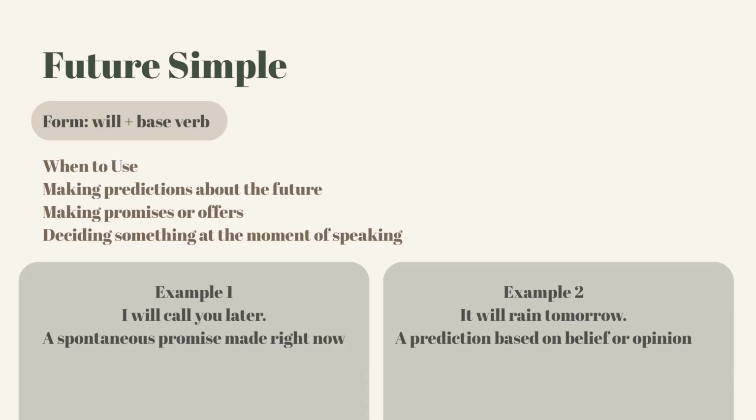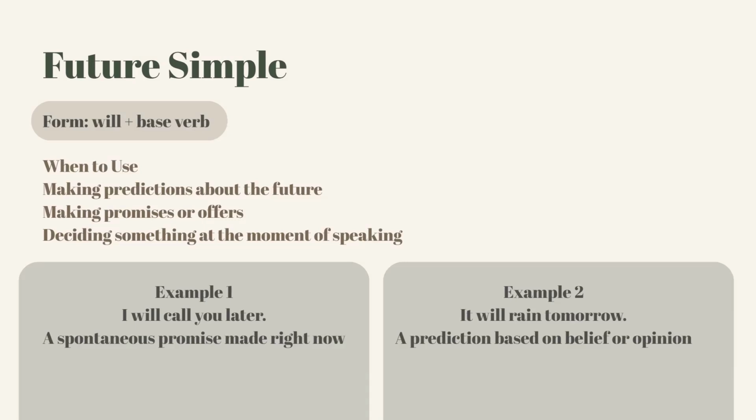And your friend looks at you and just says, okay, I'll make you a sandwich. It's a decision that is just made at the moment of speaking. And again, of course, there are promises and offers. So that's why we use the future simple.